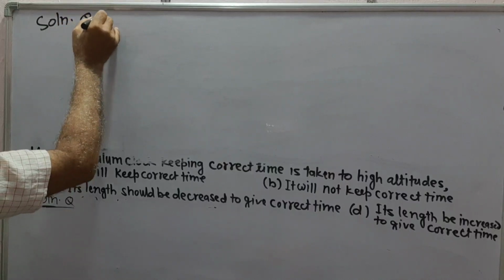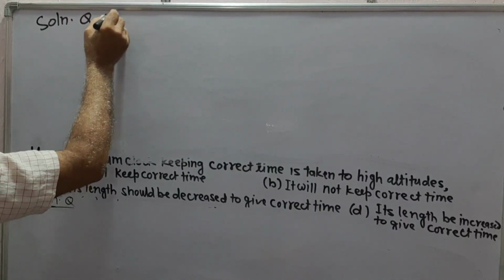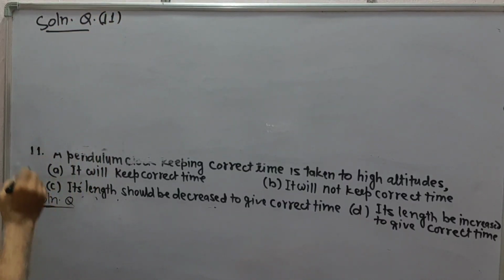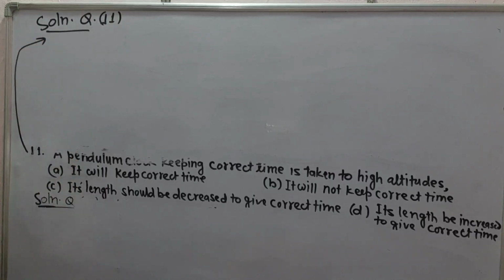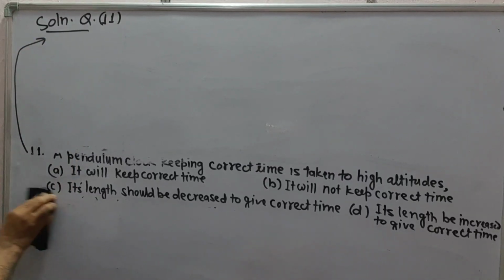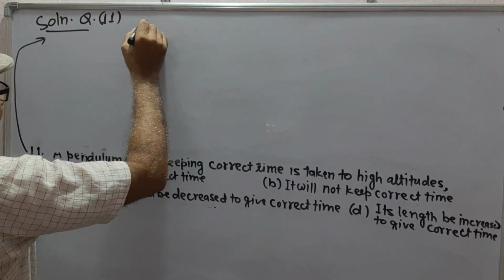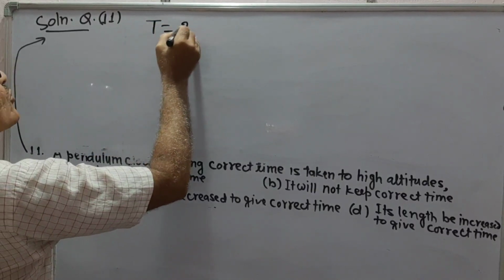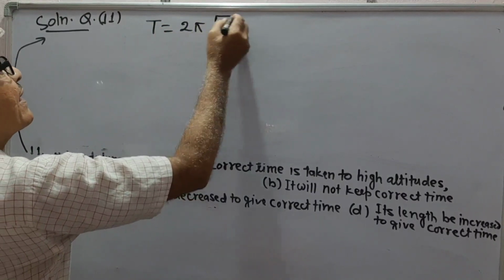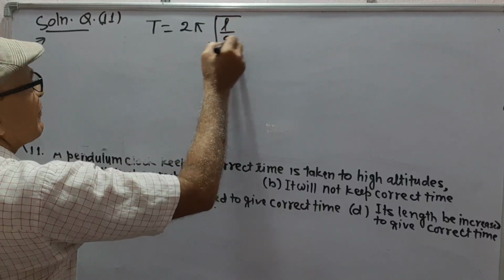Solution to question 11. For simple pendulum, time period T is equal to 2 pi under root L by g.